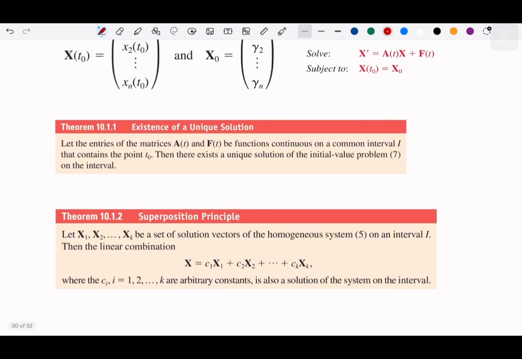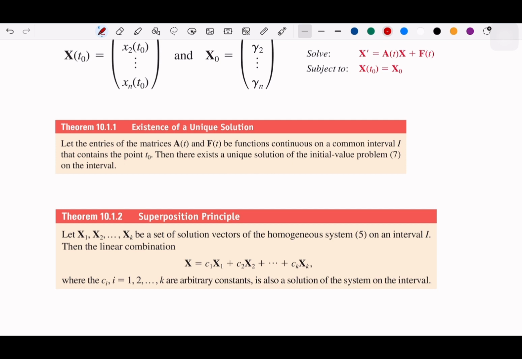So we are going to have the matrix A and matrix F. If they are continuous functions in the same interval that contains the point of the initial condition, then there should exist a unique solution.